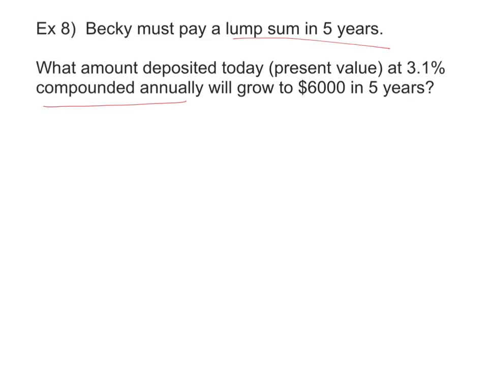Okay, so this says compounded annually. That's my tip-off that we're using this formula. And now plug in everything we know. We want to have the payout to be $6,000, so that is what we end up with. We want to end up with $6,000 because that's my payout.